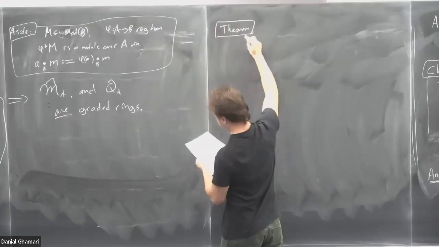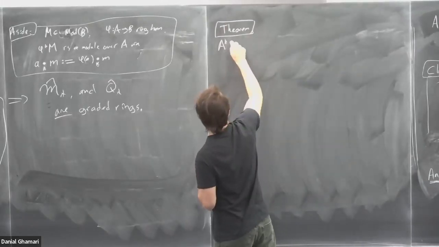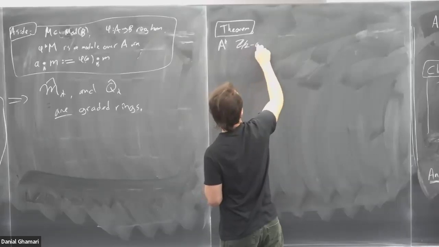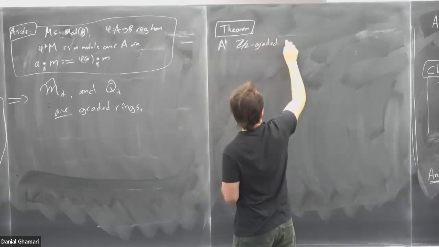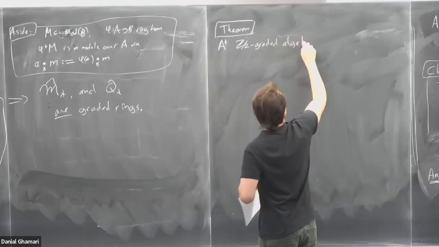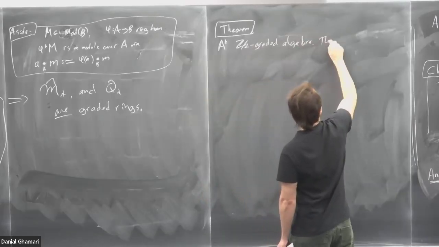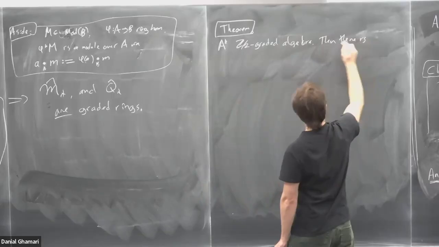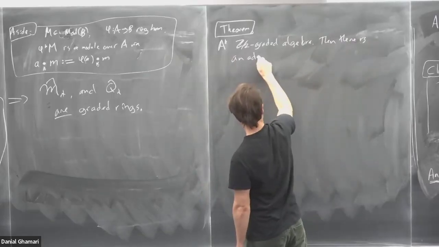So this is good. So A star Z2 graded algebra. Then there is an additive equivalence.